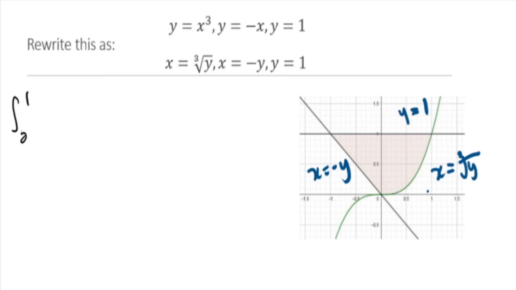Ngayon naman, with respect to the y-axis. Okay? So, in this case, yung x equals cube root of y, yung una nating function, at yung x equals negative y, yung pangalawa. So, integral of cube root of y minus negative y dy.